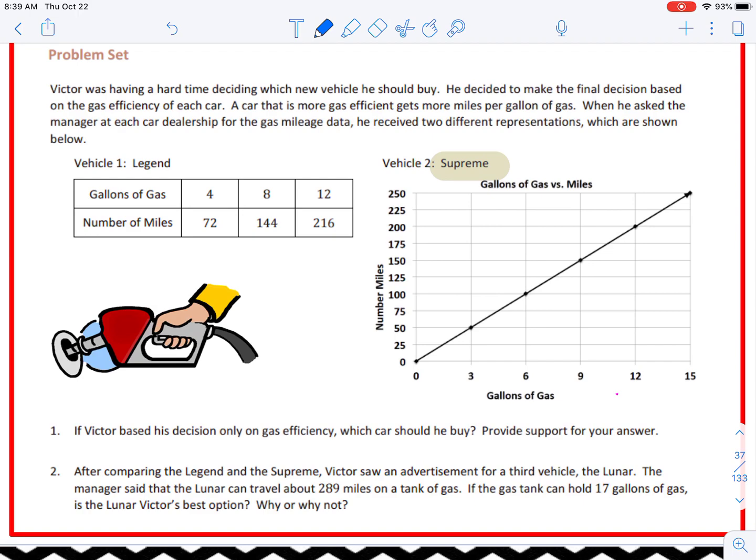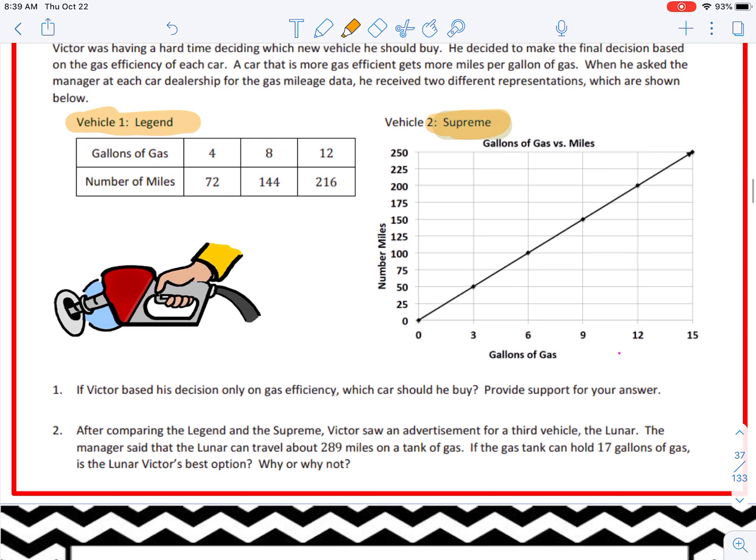So vehicle 1, the Legend, that's the name of the car, gets 72 miles for 4 gallons. And the Supreme gets 50 miles for 3 gallons.